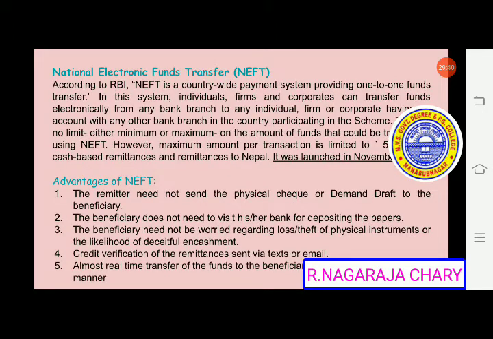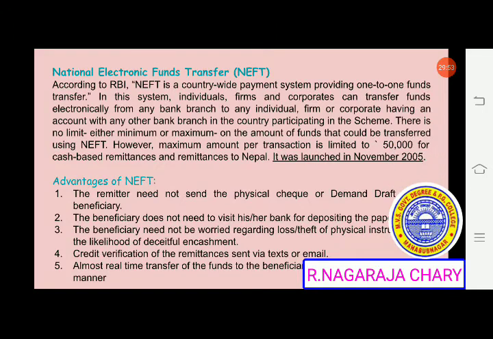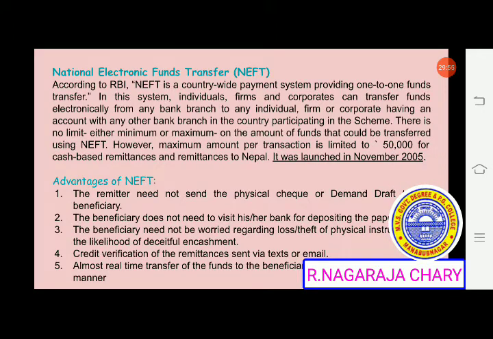Next we see one more service, that is National Electronic Funds Transfer. Here also RBI has given some definition. So NEFT, earlier RTGS, now NEFT, National Electronic Funds Transfer.